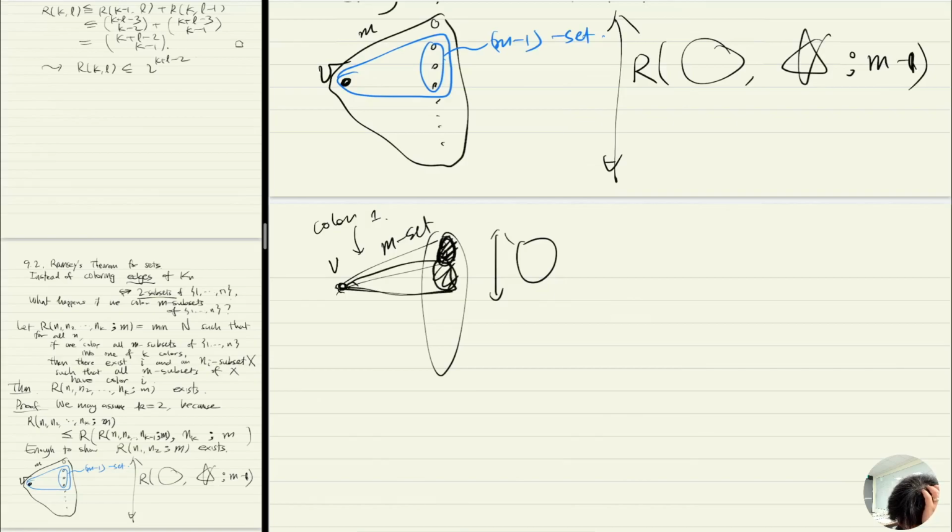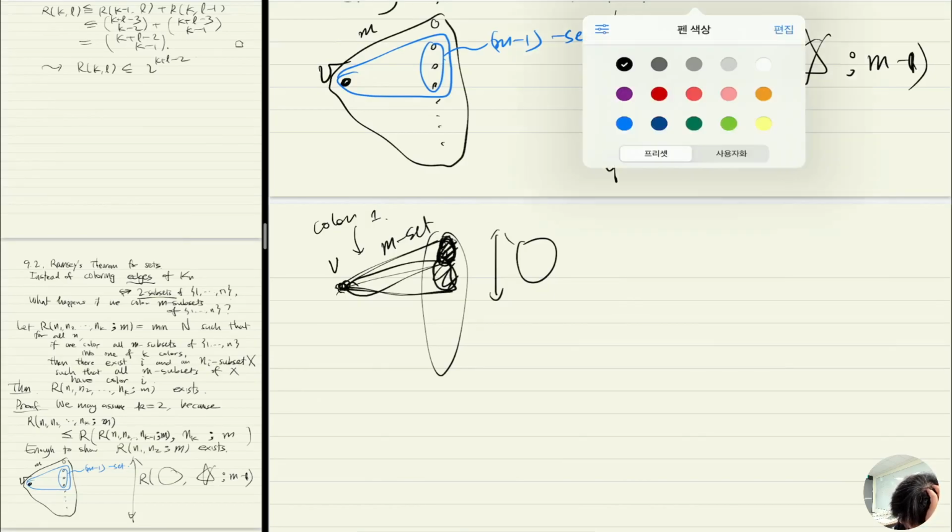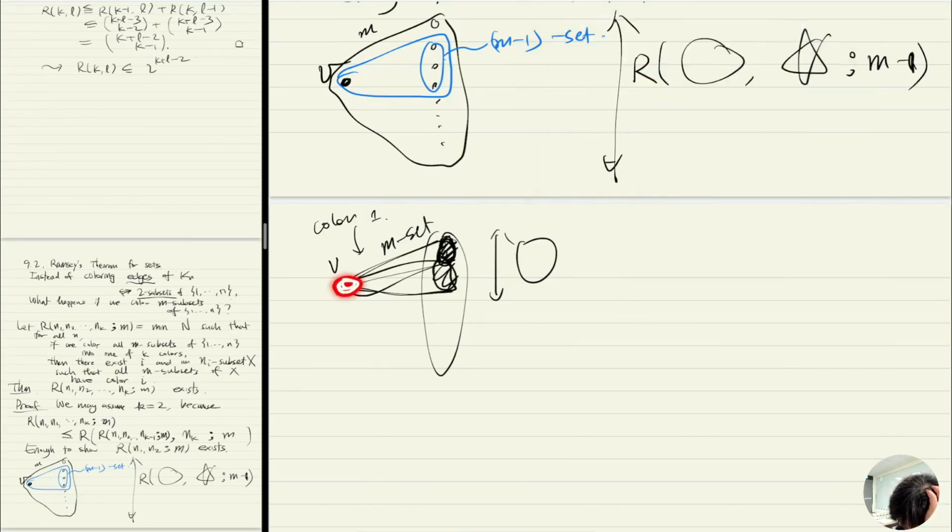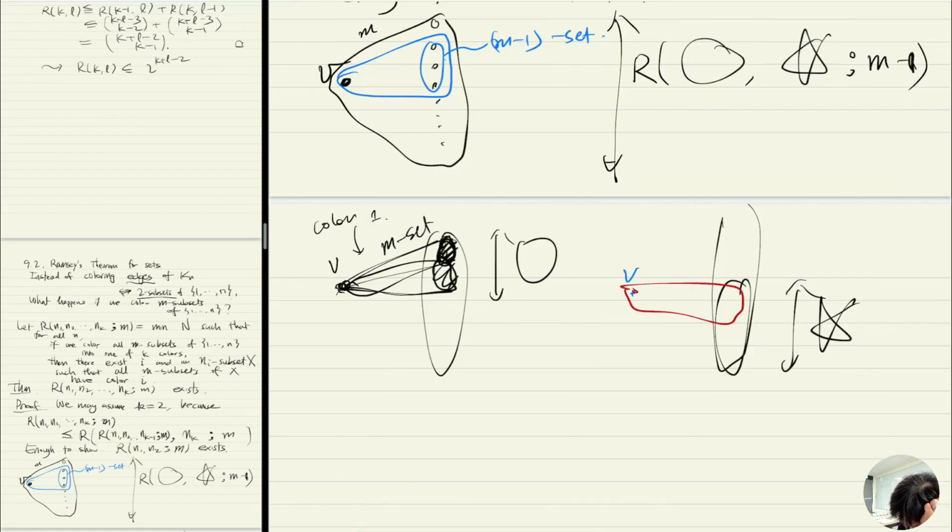Everything consisting of m minus 1 sets here together with V will have color 1. That's the first case. Or in the second case, I have a big set where every set of this type with V has color 2.